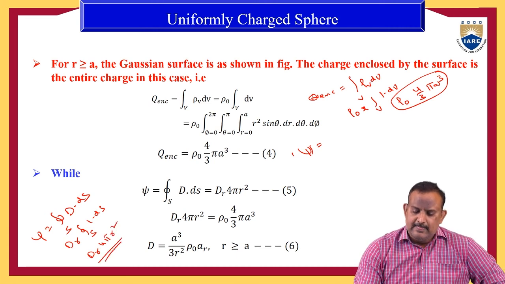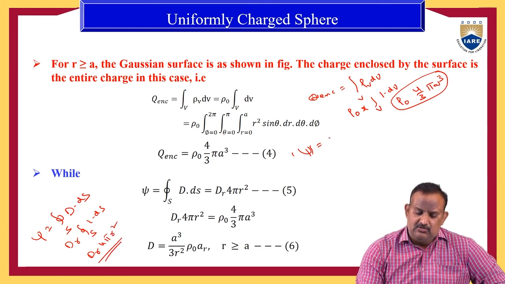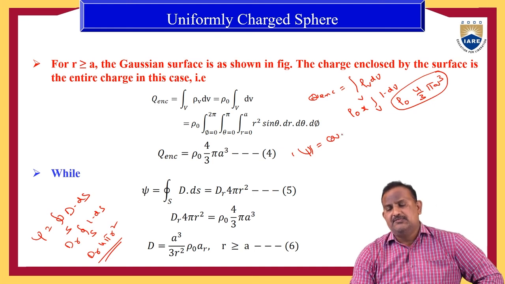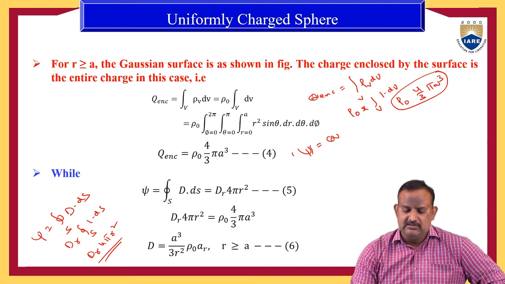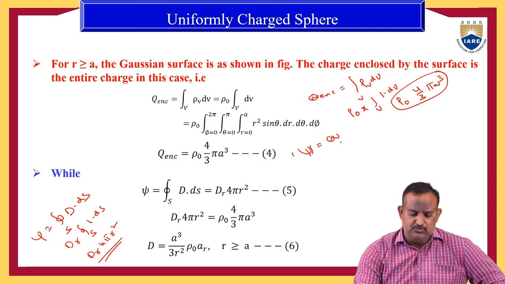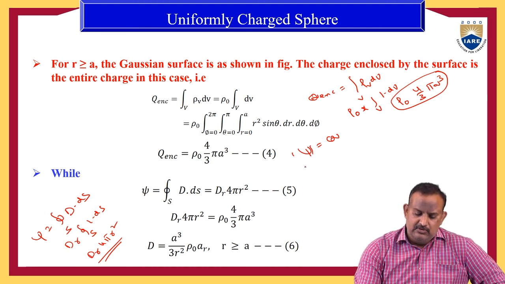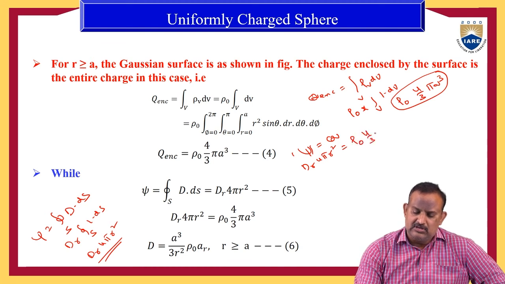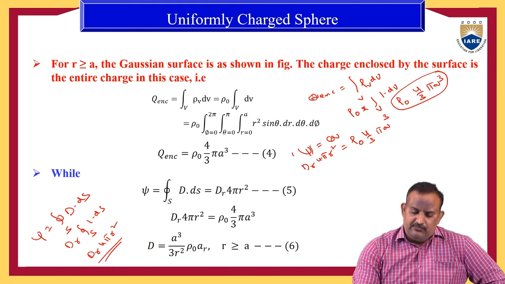Now equate the flux to the charge enclosed. The flux through a closed surface is equal to the charge enclosed in that closed surface. Therefore, psi is equal to Q. So Dr into 4 pi r square equals rho naught into 4/3 pi a cube, and 4 pi cancel each other.